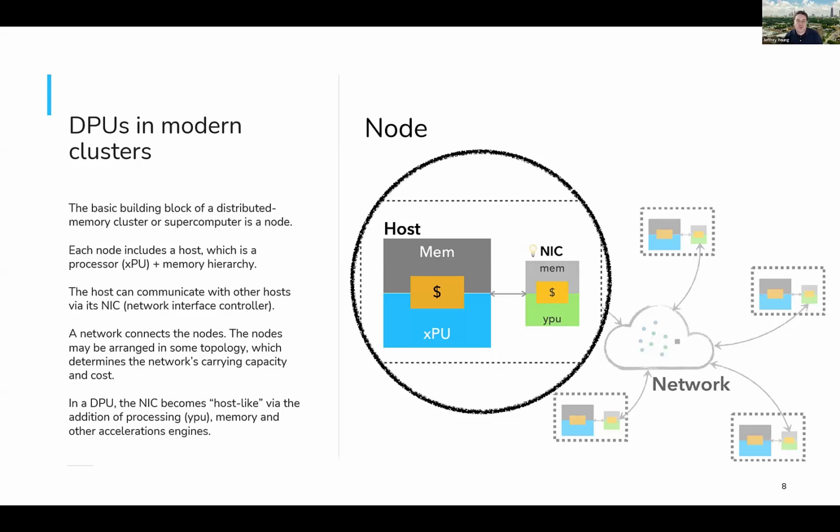It could be something like a programmable fabric, an inline accelerator, and then typically some small amount of cache and storage. In that sense, the data processing unit is becoming a little bit more like the host in the system. Note that it can't really replace the host, and we'll talk about the complications of that, but it's providing this additional functionality that can be used to do some additional processing while you're moving data between nodes in the system.